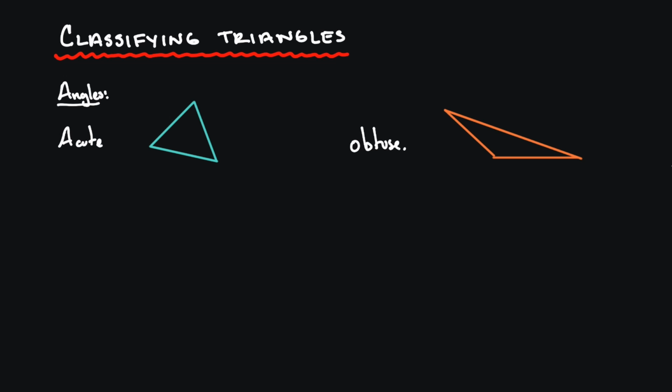If you notice on this triangle, this angle right here, let me call it A, that angle is more than 90 degrees, because 90 degrees, we know that it must be on a straight angle like this. So it's more than that, then it's called an obtuse triangle.